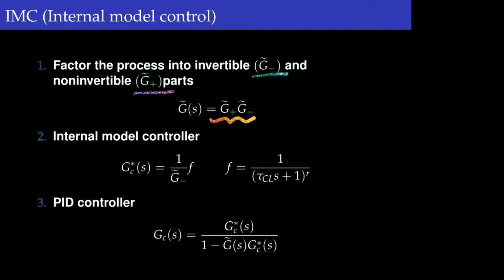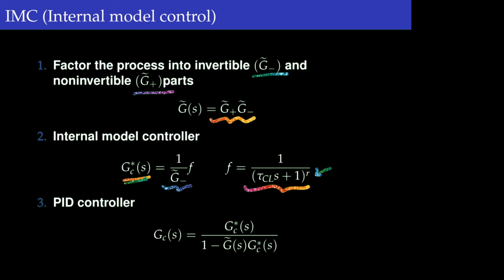And when you get that, this Gc star is simply the invertible part of the process inverted, multiplied by a filter. Now this filter is equivalent to defining the closed loop response. So it's 1 over (tau CL s plus 1) to the power r. That r becomes another user defined parameter.